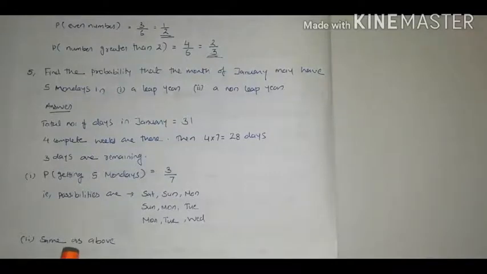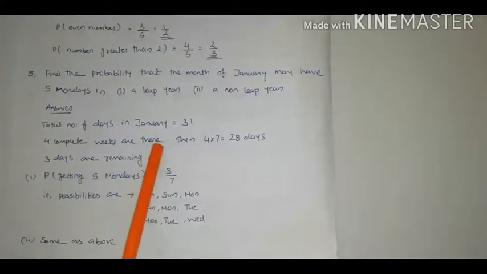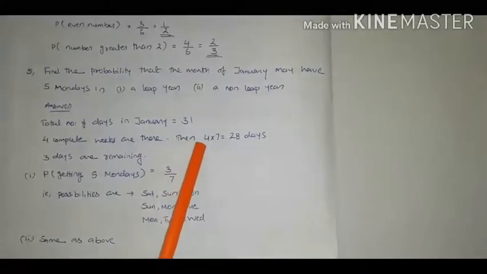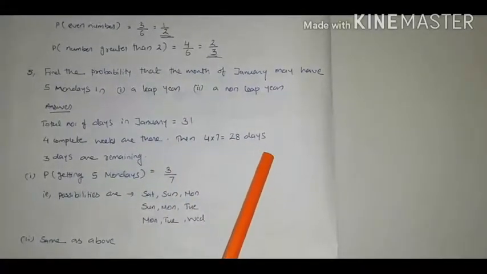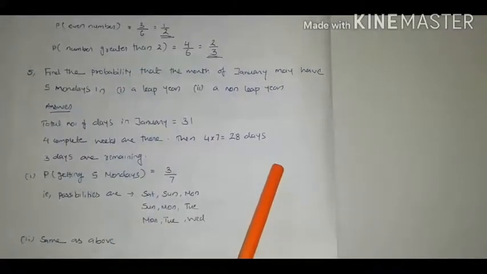So when we consider the answer part, 31 days are there in the month of January. From those 31 days, how many complete weeks can we take? We can take 4 complete weeks. That means 4 into 7, 28 days, and after that 3 days are remaining.